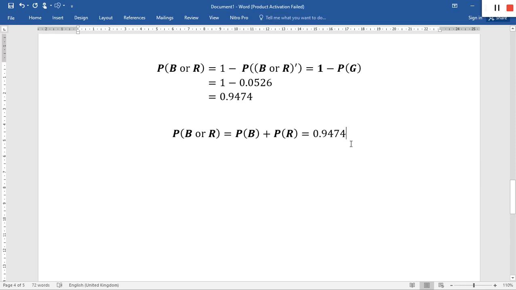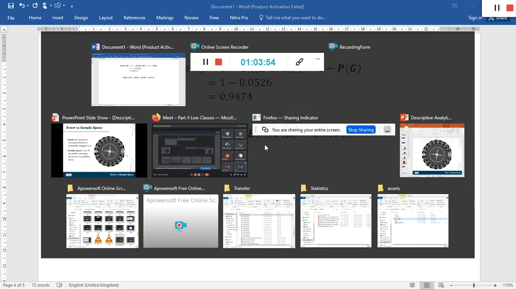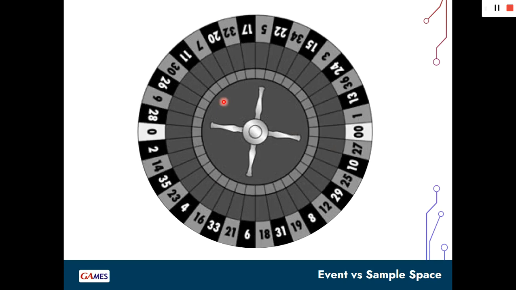Let's try to take another bet. Instead of landing on specific colors like black or red, what is the probability of the ball landing on a black or even pocket?